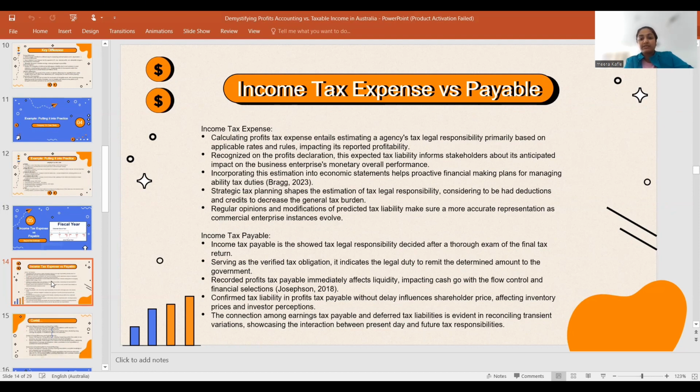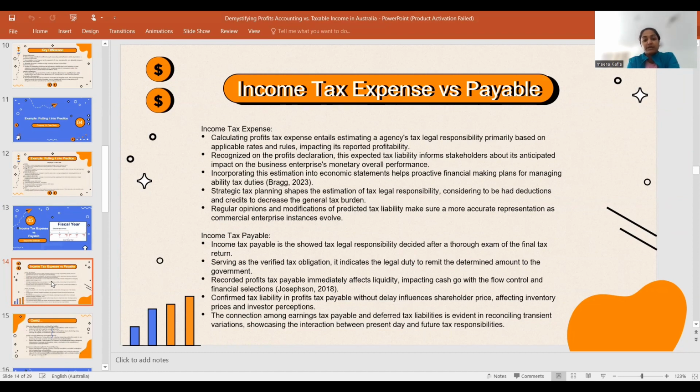This expected tax liability informs stakeholders that its anticipated impact on the business enterprise monetary overall performance. Strategic tax planning saves the estimation of tax legal responsibility. Regular opinion and modification of predicted tax liability make sure a more accurate representation as commercial enterprise instance evolve.